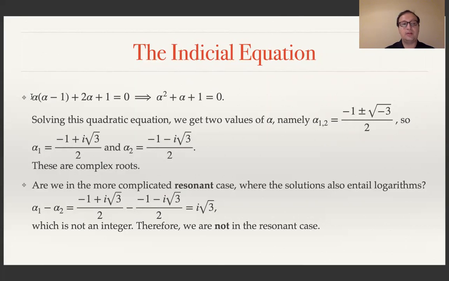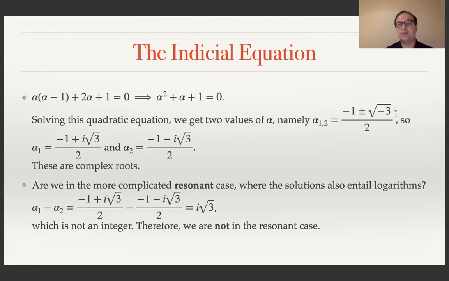So let's write it again. Alpha times alpha minus 1 plus 2 alpha plus 1 is equal to 0. This is a quadratic equation. So this is alpha squared plus alpha plus 1 is equal to 0. And solving this quadratic equation, we get two values of alpha by the quadratic formula. Alpha is minus 1 plus or minus square root of minus 3 over 2.